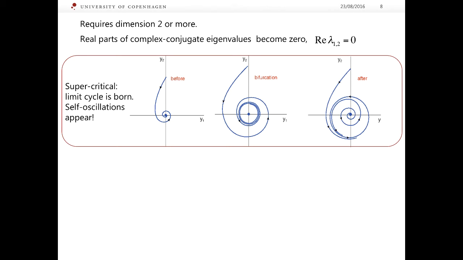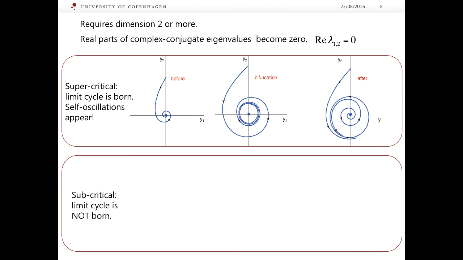A limit cycle is an attractor, and it is an oscillating attractor. So as a result of the supercritical Andronov-Hopf bifurcation, the dynamical system changes its behavior from converging to a stationary point to developing sustained periodic oscillations.